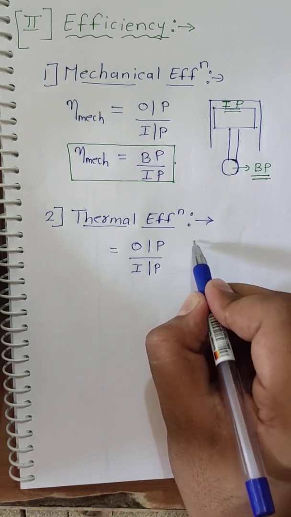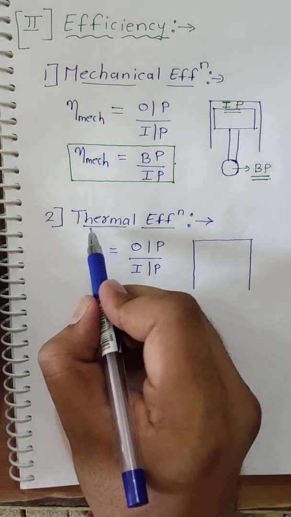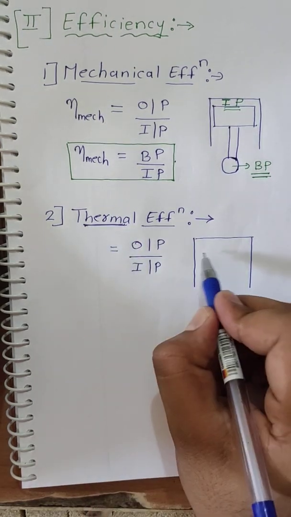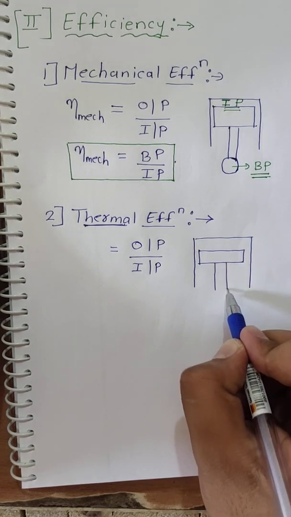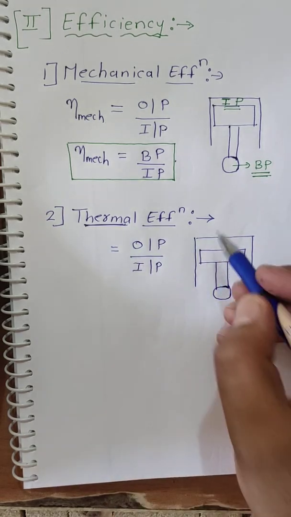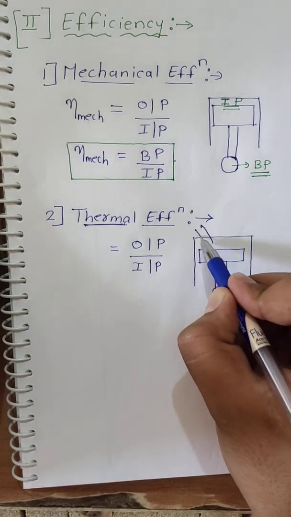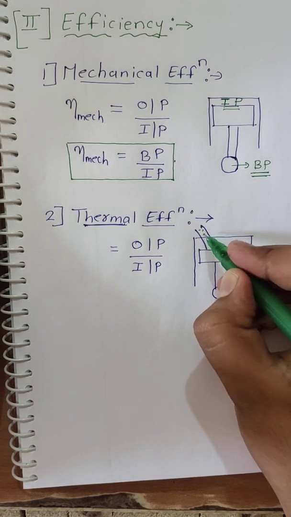But now this efficiency is dealing with thermal. So again I will draw the same piston, cylinder, connecting rod, crankshaft. This thermal energy is coming from where? It is coming from this fuel.